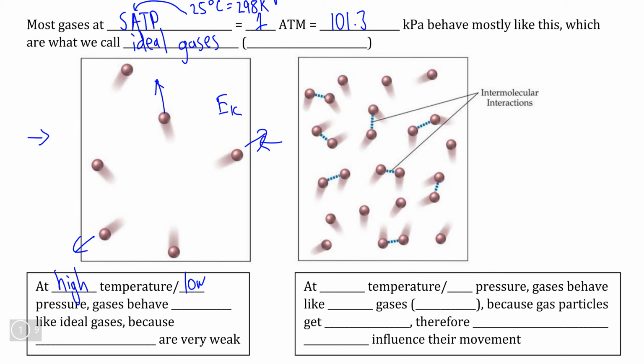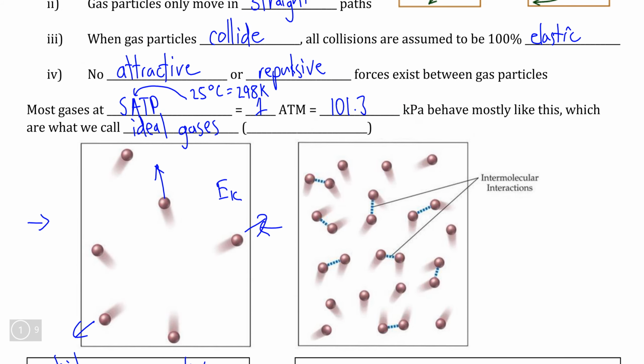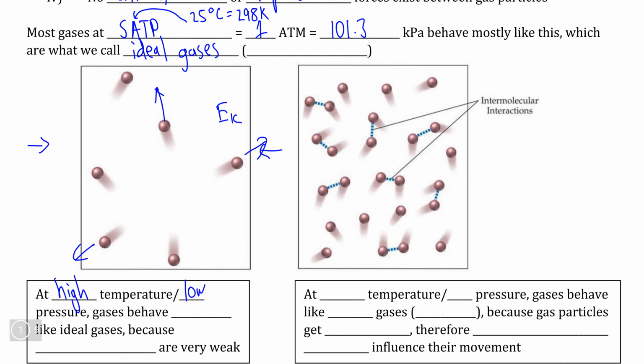If there is a very low pressure, there is minimal force to keep the gas molecules from coming close together, which means that any intermolecular forces are basically going to be non-existent because the gas particles are very far from each other, and because they're moving very quickly, they're just going to keep moving really far away.